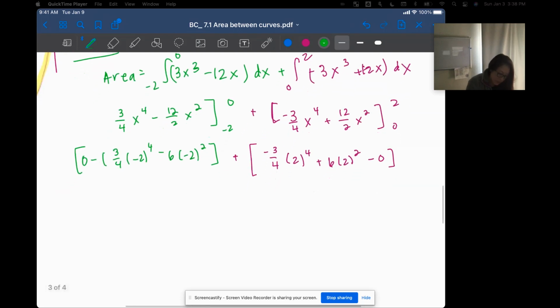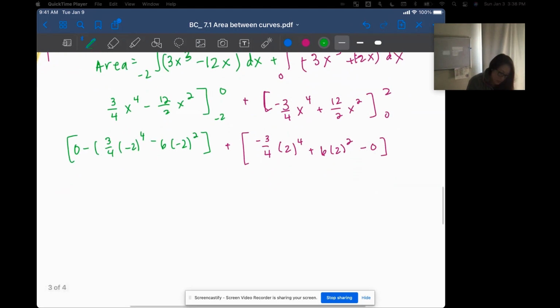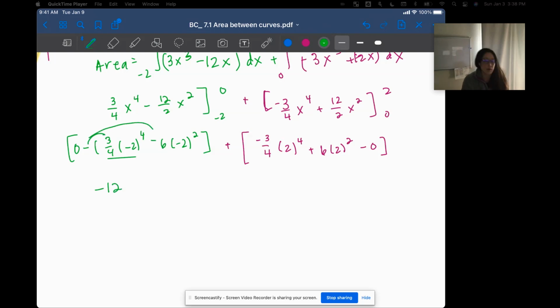I end up with, looks like 3/4 times -2 to the fourth would be -12 when I distribute the negative. And then I get -24 times -1 is +24. Okay.